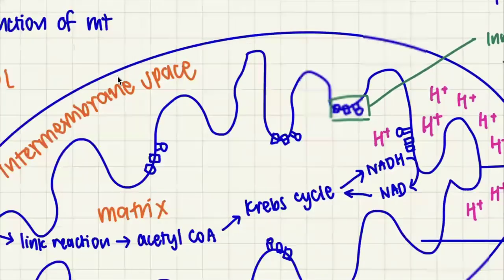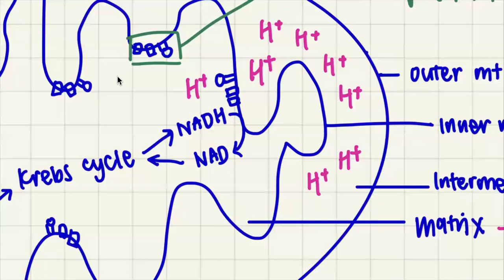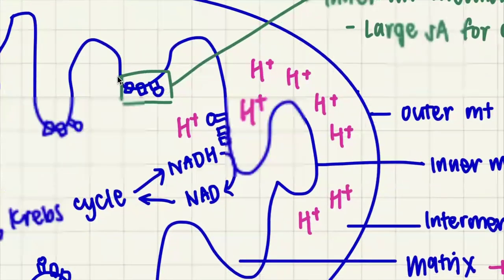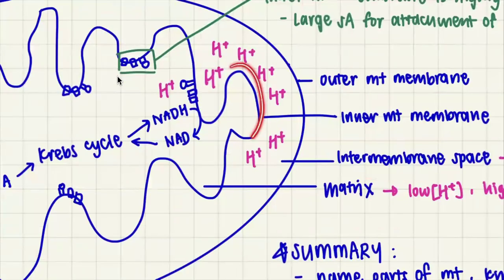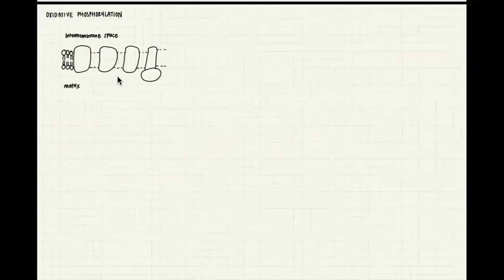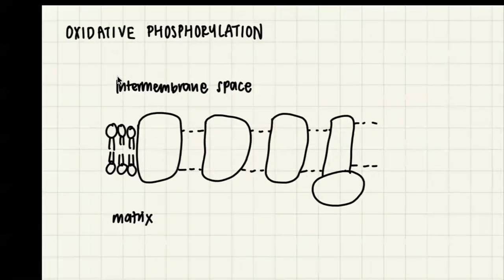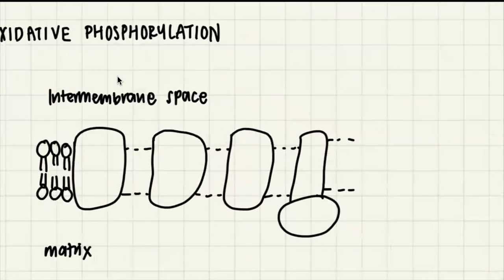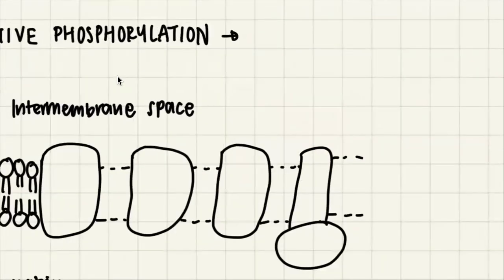And remember that your buildup of hydrogen atoms is in your intermembrane space over here. Okay, so this is your big picture. Now let's go back to our oxidative phosphorylation. Okay, so oxidative phosphorylation takes place at the mitochondria inner membrane.